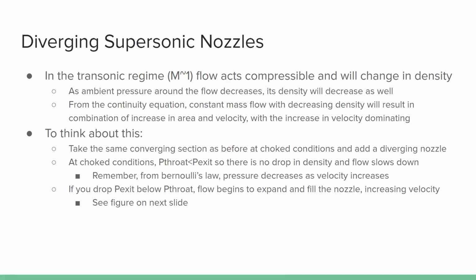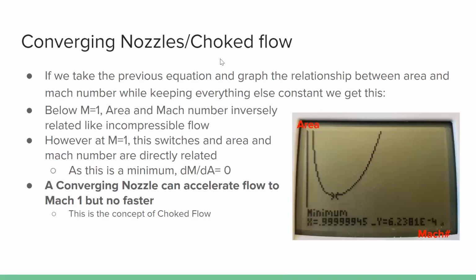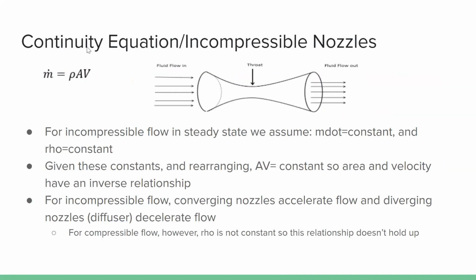As soon as it exits that, ambient pressure will be lower, so it can expand and density will decrease. And think all the way back to the continuity equation. You have constant m dot, density is decreasing, and area and velocity are variable here.